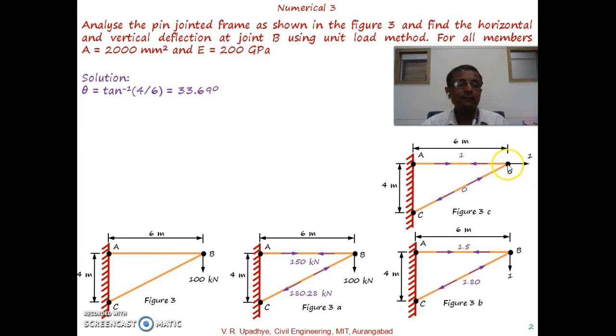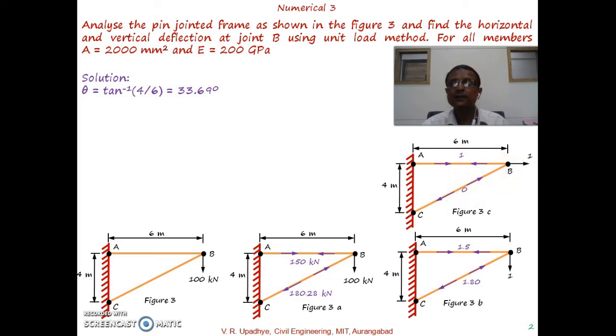So FBA, the member force in member BA, should be 1, and there is no vertical force as such, so the member force in member CB must be 0. So FAB becomes 1, which is tension, and FCB becomes 0.